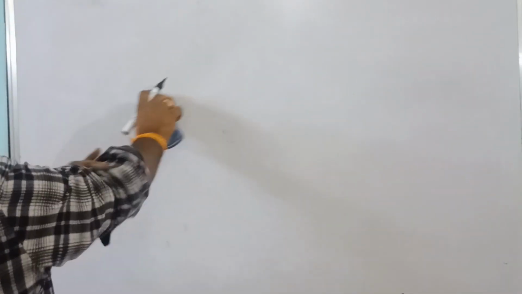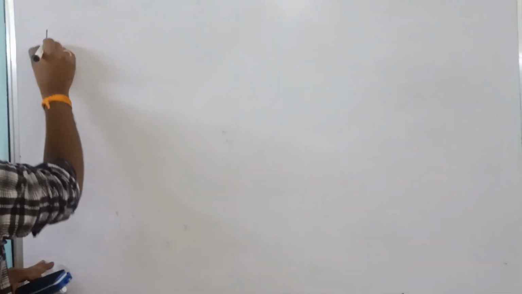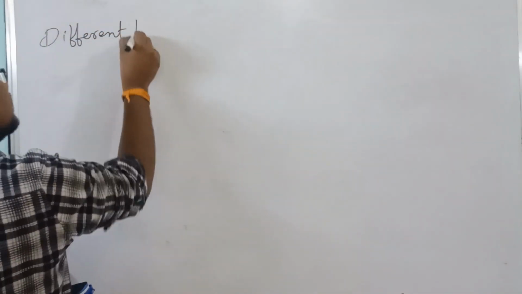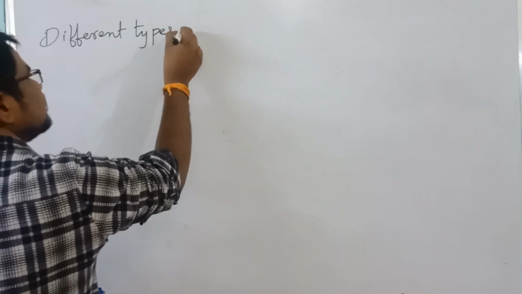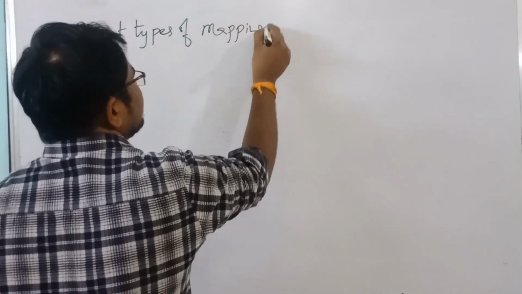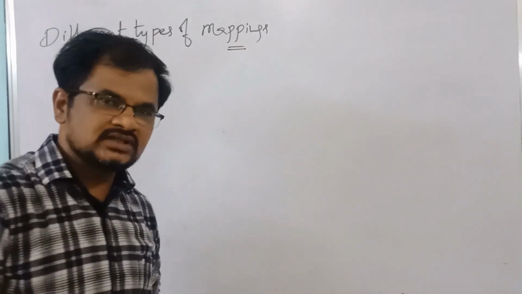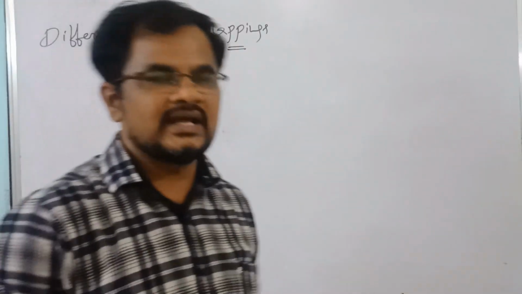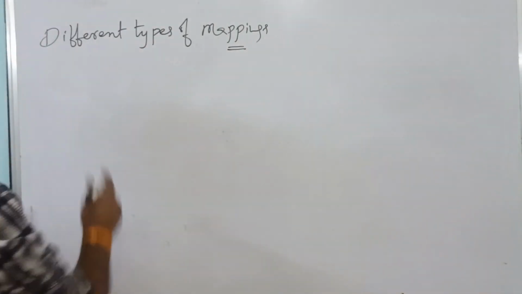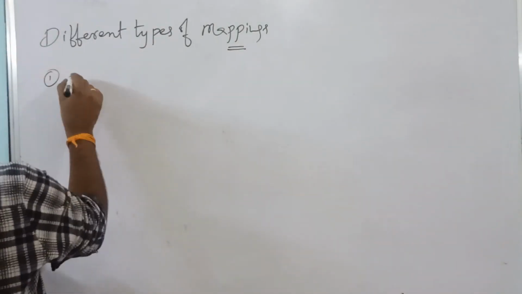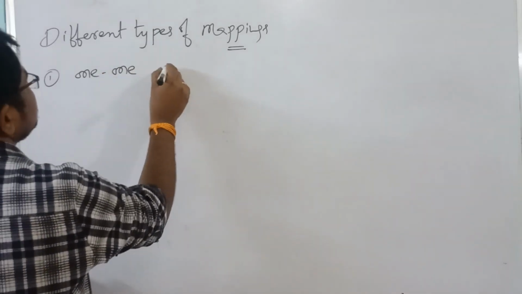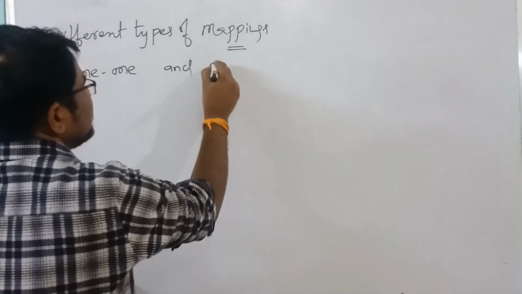Next one is different types of mappings. Function is nothing but mappings only. A function is also called mapping and correspondence also. Now in that, the first one is the 1-1 mapping or 1-1 function, and many to one I will give at a time.